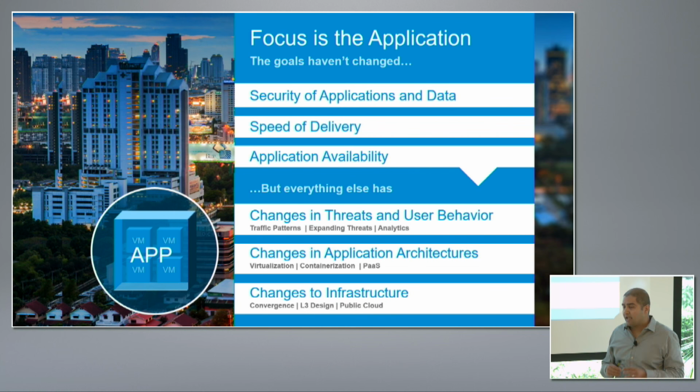Networking is increasingly, I want to build a data center network like the large service providers or like the Googles and Facebooks. The L3 design paradigm, leaf-spine, keep it simple, keep it routable, right? How do you do that? And then public cloud is here. So customers are going to use the public cloud, whether it's a managed public cloud, whether it's a colo, or it's the Amazon, Google, Azures of the world.